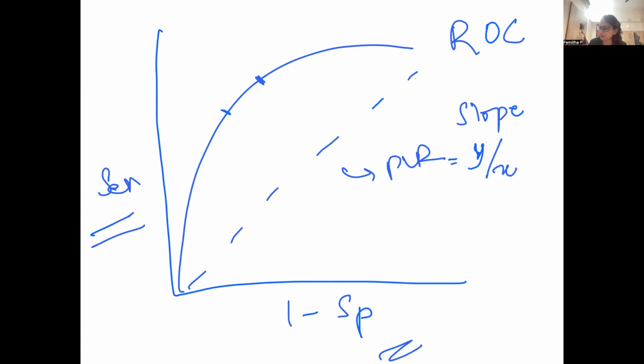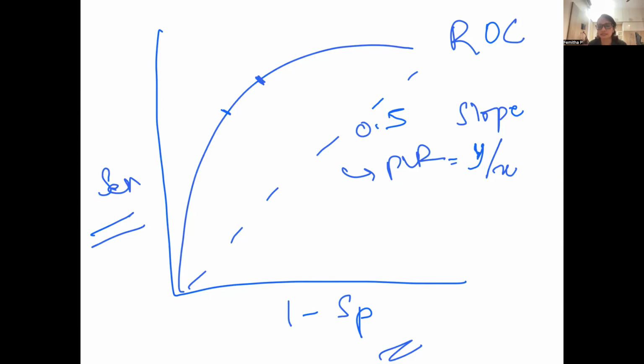The dotted line is actually the line at which it's a useless test, because at every point on the dotted line, the sensitivity and 1 minus specificity, which means the true positive rate and the false positive rate, are the same. So you want a curve which is as far away from the dotted line as possible, towards the top left corner of the graph.